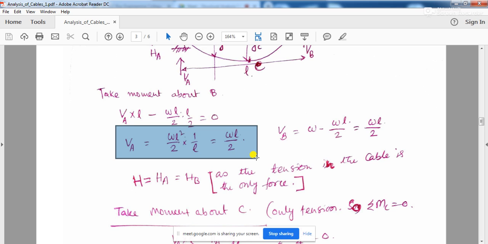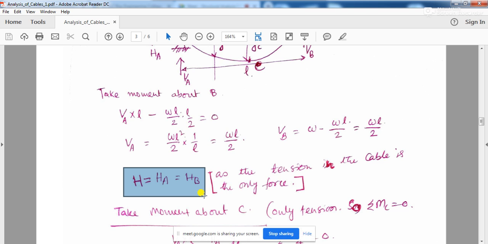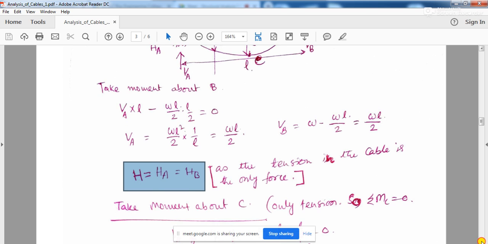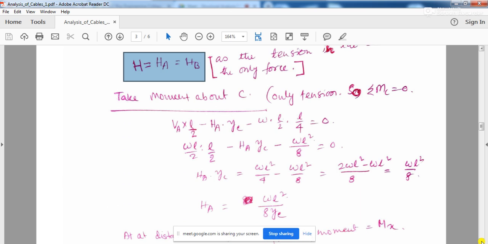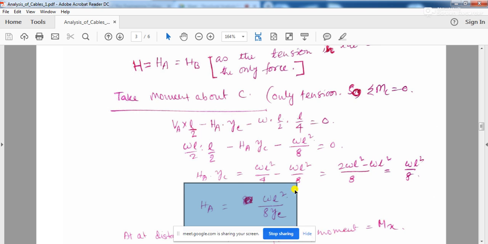HA will be equal to HB, and taking moment about a point, we found HA from the formula HA equals WL squared upon 8YC, where YC is the dip of the cable.